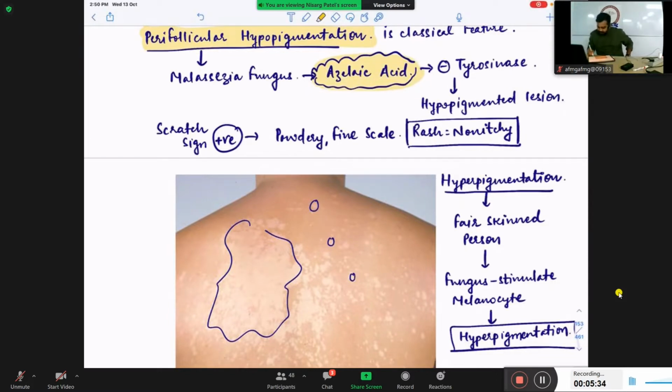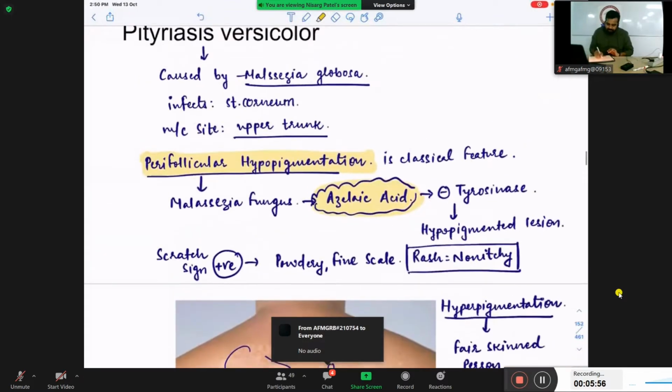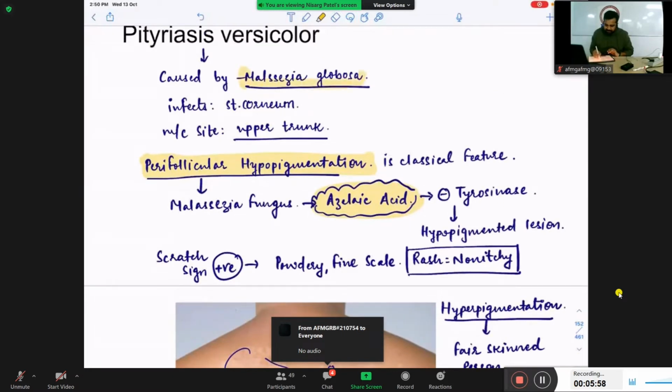Remember in pityriasis versicolor, most students make mistakes. We will discuss two important diseases: pityriasis versicolor and pityriasis rosea. Pityriasis versicolor is a disorder with hypopigmentation or can be with hyperpigmentation. Remember, this is not a pathogenic fungus.